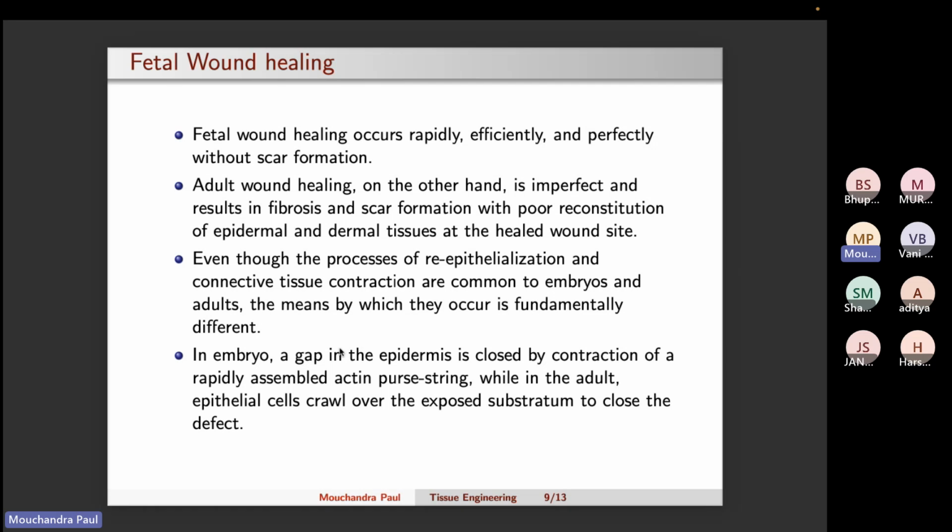So if you are using a scaffold with high porosity, then the nutrition diffusion, etc., will happen very well. But the porosity shouldn't be so high that it doesn't support cell adhesion. So there should be a balance, or you should have an optimal porosity.